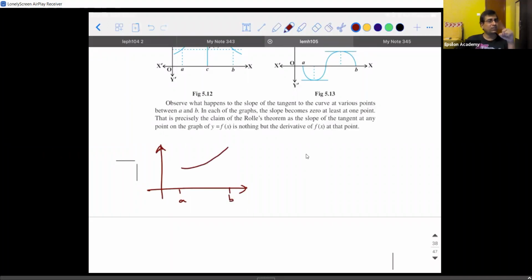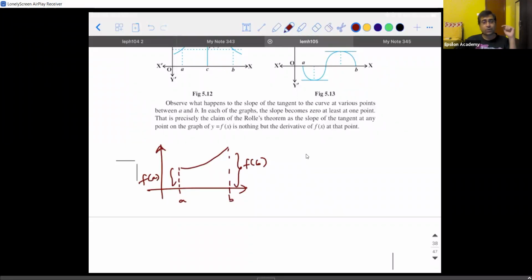Is it satisfying the first condition of Rolle's theorem? What is the first condition? It should be continuous. If you look at the graph, there is no point of discontinuity. Second, it should be differentiable. Yes, I'm able to see it as differentiable. What is the third condition? f of a should be equal to f of b, meaning this height and this height should be the same, which is not true in this case.